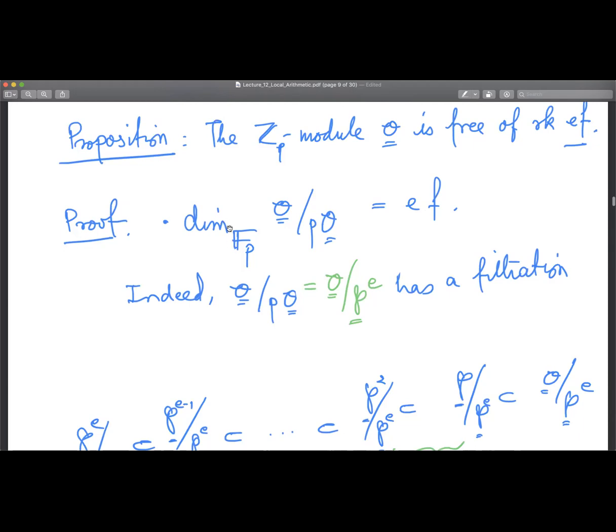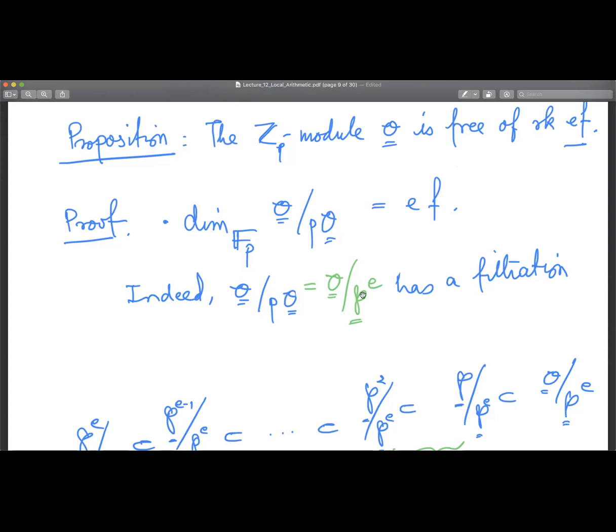The dimension as an F_p vector space of O modulo the ideal P, the curly P, is equal to f, because this quotient is the residue field k. But when I replace the ideal P by the ideal generated by the number p, then the dimension is equal to ef.